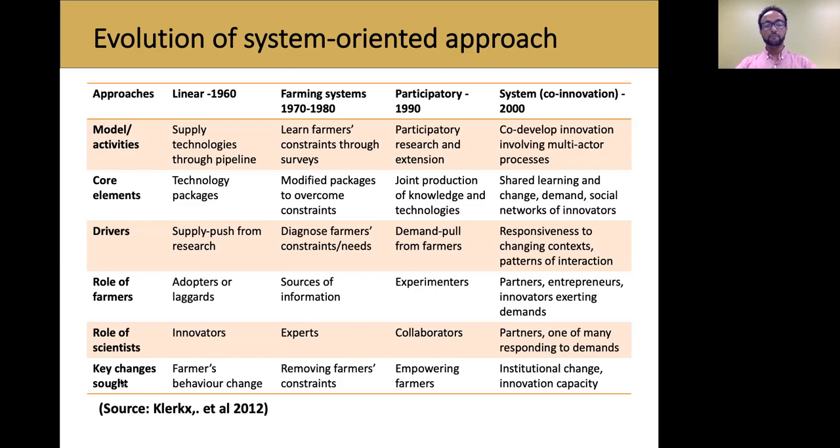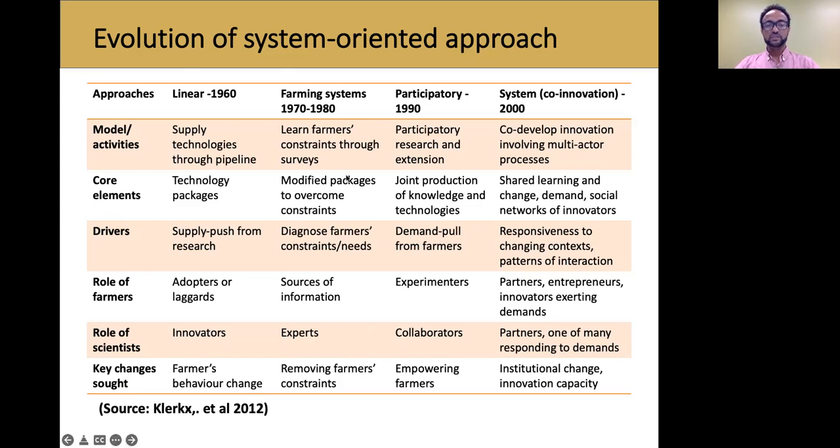When it comes to impacts, what kind of impact are we looking for if we use these different approaches? For example, with a linear technology transfer approach, the main goal is to change farmers' behavior. The thinking is that farmers are not adopting, so we need to change their behavior to increase adoption.